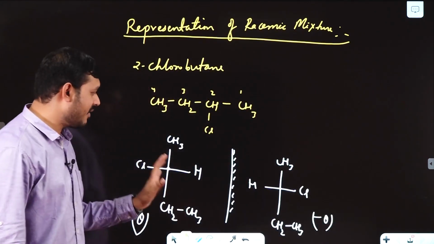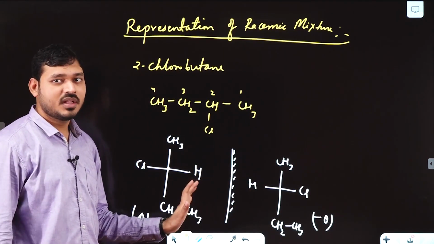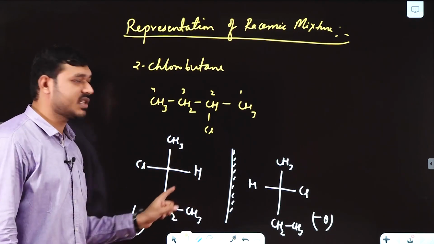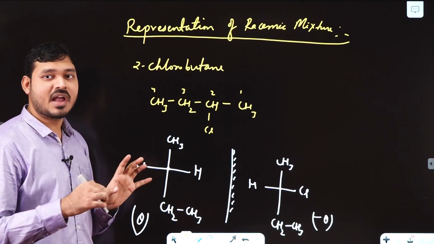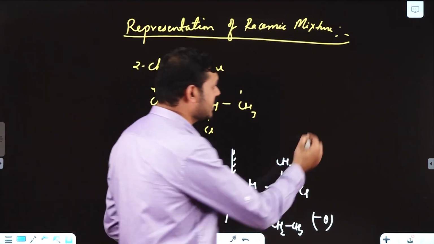Okay. And if we are having equimolar proportion of these two, then net result will be 0 due to external compensation. Hence, for 2-chlorobutane having racemic mixture, you can represent it like this.